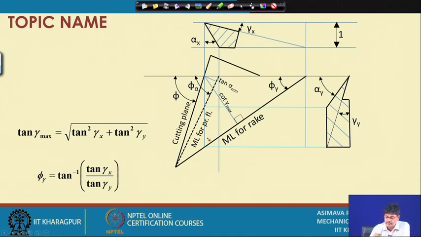If we take out this particular triangle, this is cot gamma x, is it visible? Yes.